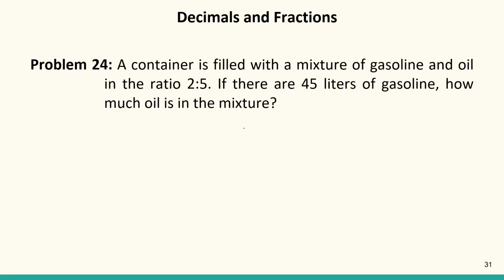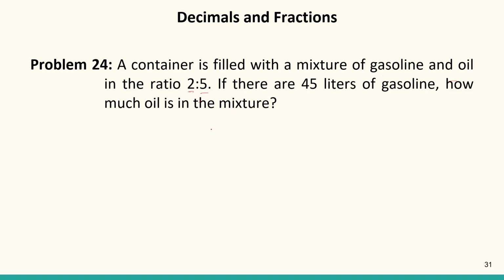So a container is filled with a mixture of gasoline and oil. Here the part of gasoline is 2 and oil is 5. So if there are 45 liters of gasoline, how much oil is in this mixture?